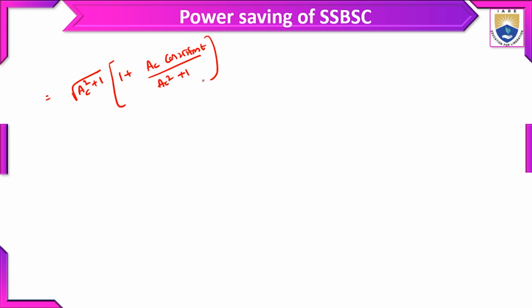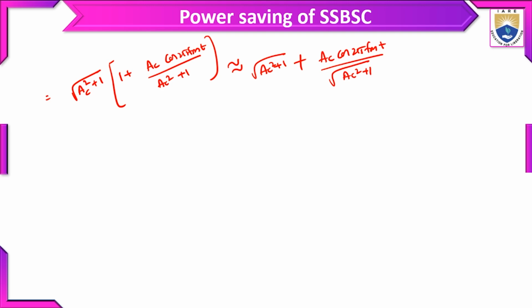So we are removing this square root term within the bracket. So this is approximately equal to square root of AC square plus 1 plus AC square plus 1 plus AC cos 2 pi FMT divided by square root of AC square plus 1.